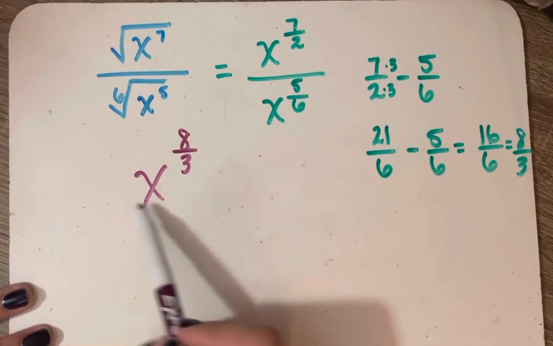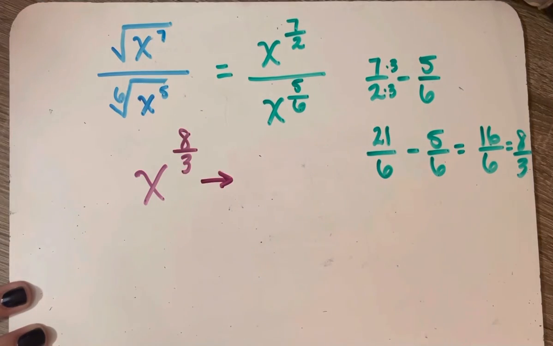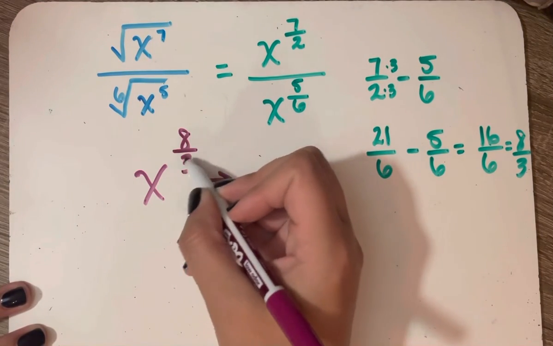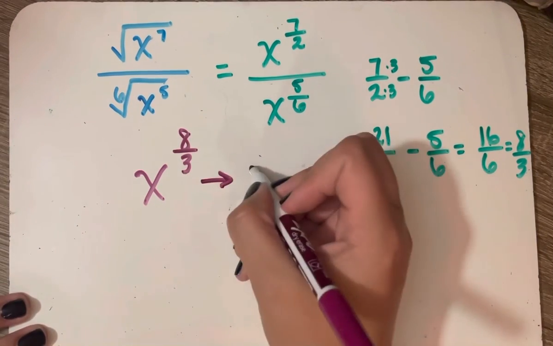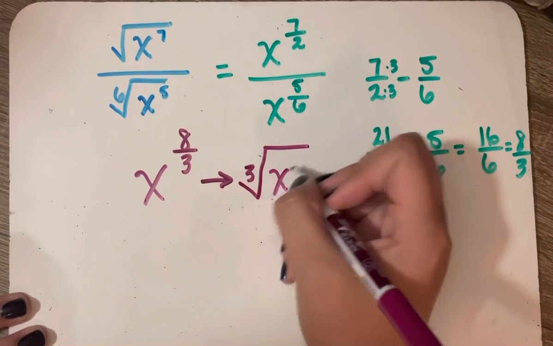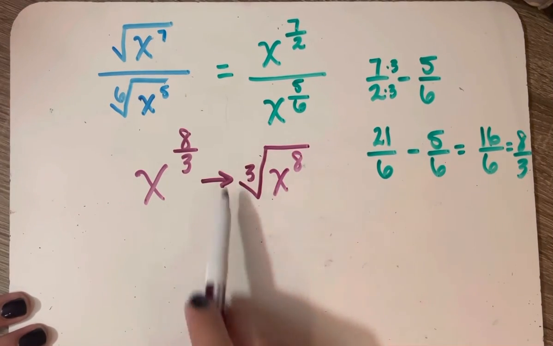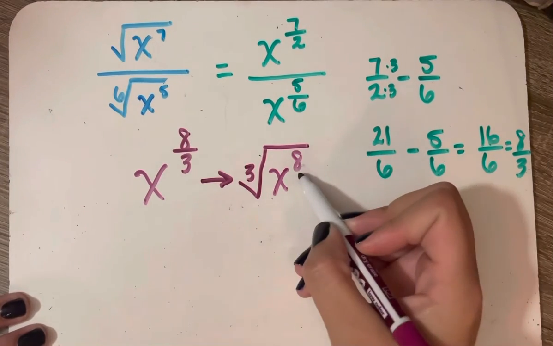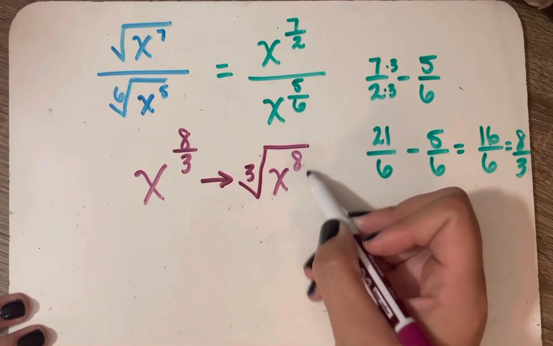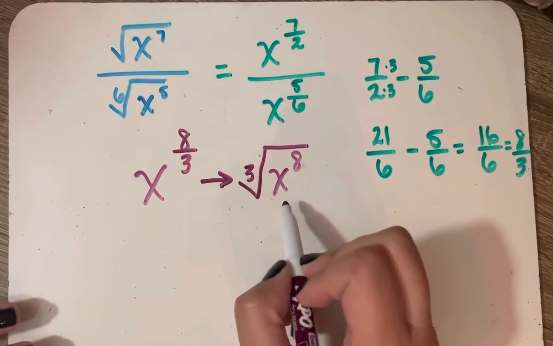Now I'm going to change this from exponential form back into radical form. So this 3 from the denominator of my exponent is going to give me a cube root of x to the 8th power. I'm almost done, but I can simplify this radical because 8, the exponent inside the radical, is larger than 3, so that means I can simplify it.